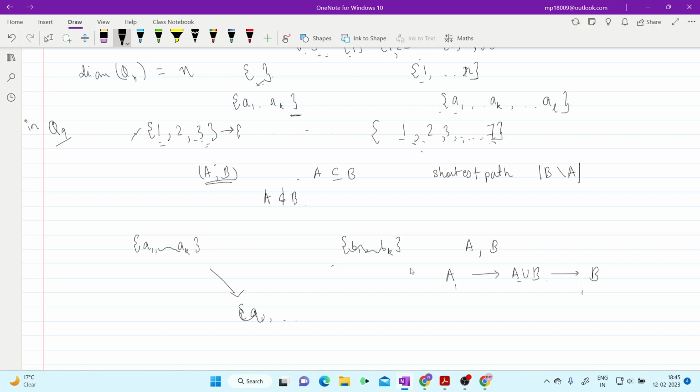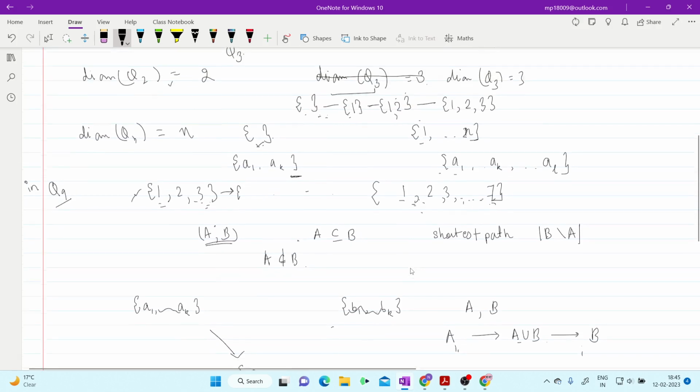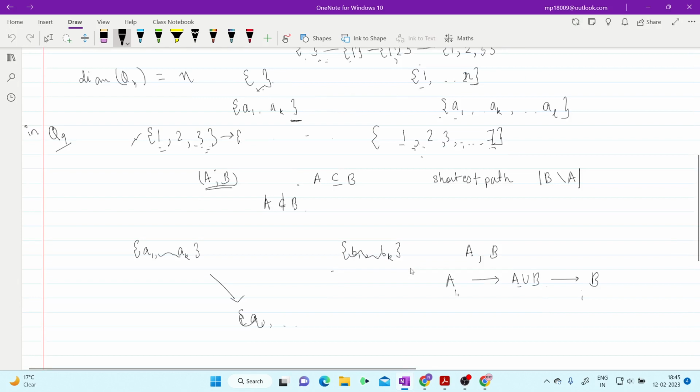The shortest path here has length order A union B minus order A, and this part is of length order A union B minus order B.